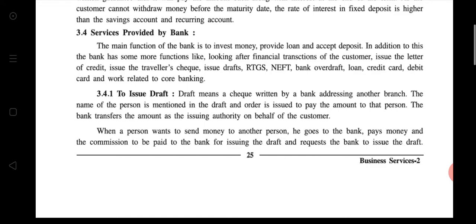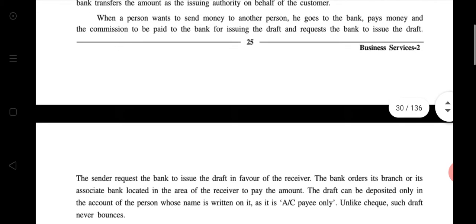When a person wants to send money to another person, he goes to the bank, pays the money, and pays the commission to the bank for issuing the draft, and requests the bank to issue the draft.